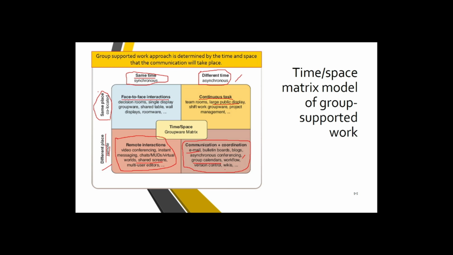This time-space matrix model of group supported work is very important, so please check the matrix and sync it with your intentions in developing or designing the applications, and decide which approach you should take in your design.